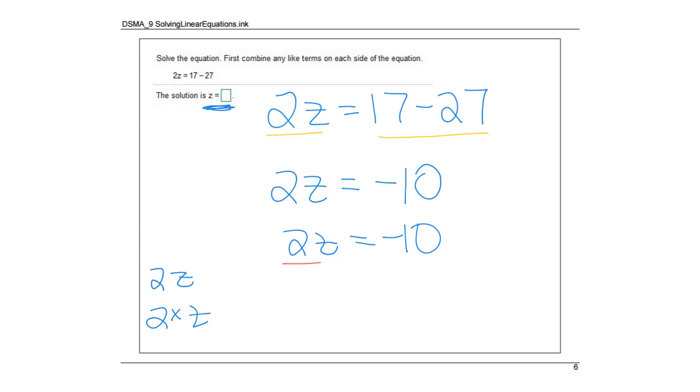Okay. If we divide by 2, 2 over 2 is 1. And so we would just be left with 1z. Now, we don't write the 1 in front. It's not wrong. We don't do it. But I have to be careful here. Because I divided the left-hand side by 2, I have to also divide the right-hand side by 2. And so that gives me z equals negative 5.